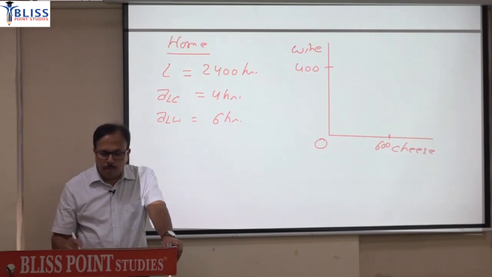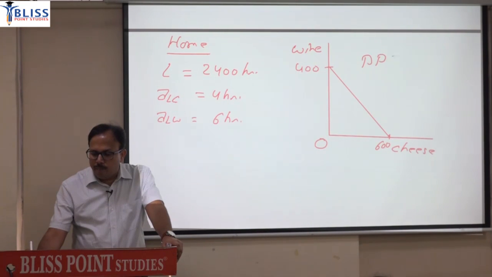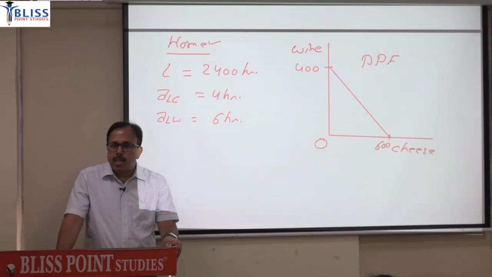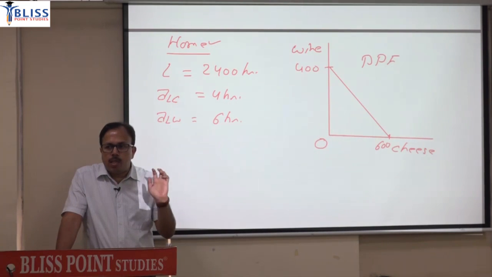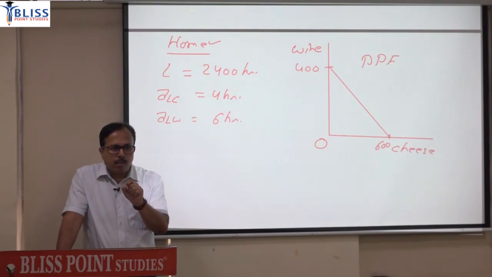So you have to mark the intercept. When you join these two, this will be called as the production possibility frontier of home country. Why it is a straight line, I will explain. But in one factor model, it will be a straight line. So this is your production possibility curve.